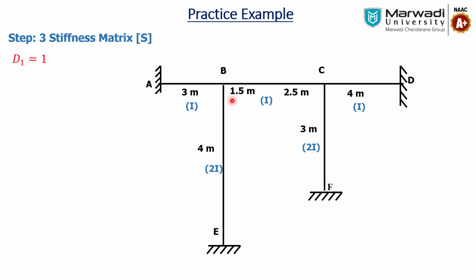So let me start with the first one, and we will consider D1 equal to 1. D1 is the rotation at A, so we rotate joint A in the clockwise direction. Due to the rotation at A, there will be two moments, both in the clockwise direction.